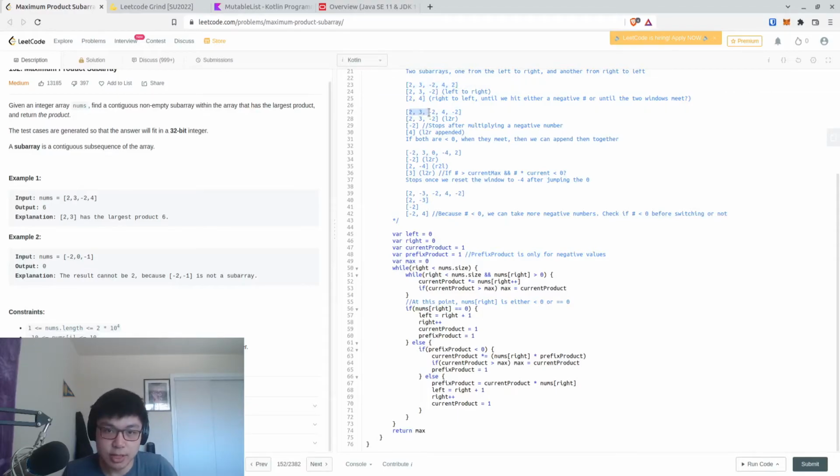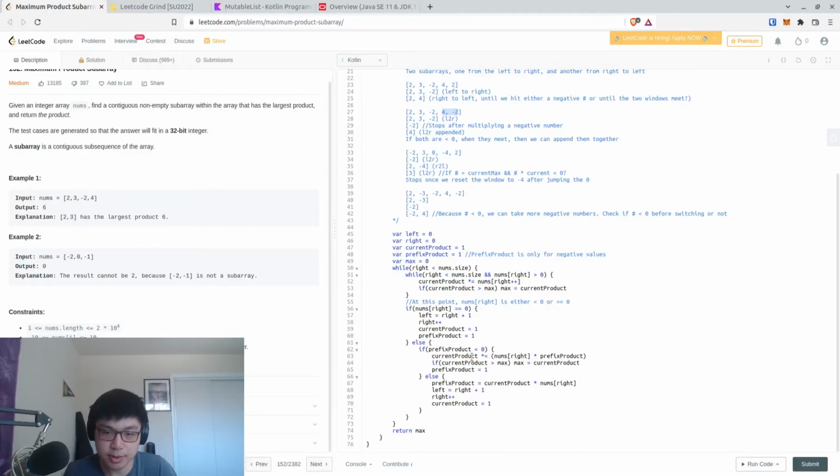In this case, we do the same thing, but here with 4, and then we hit -2. Well, we hit -2, but we don't want to grab it, right? So at this point, we know that prefix product here is -12 because we stored it before.